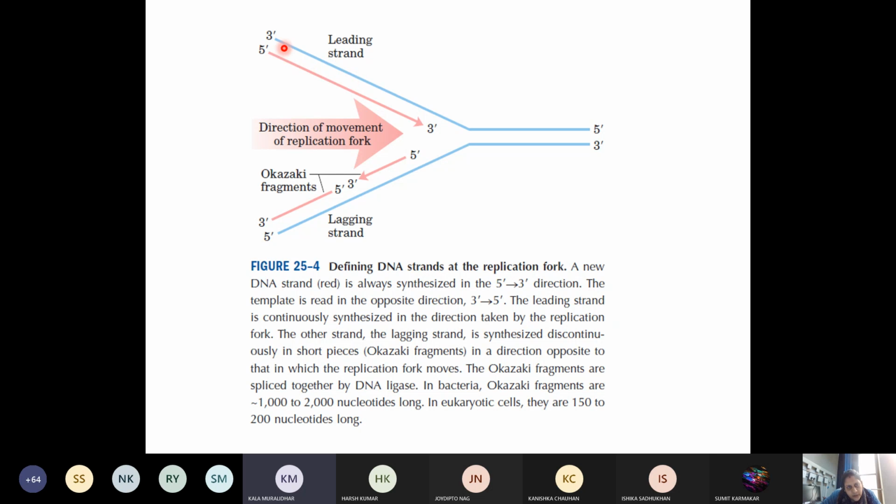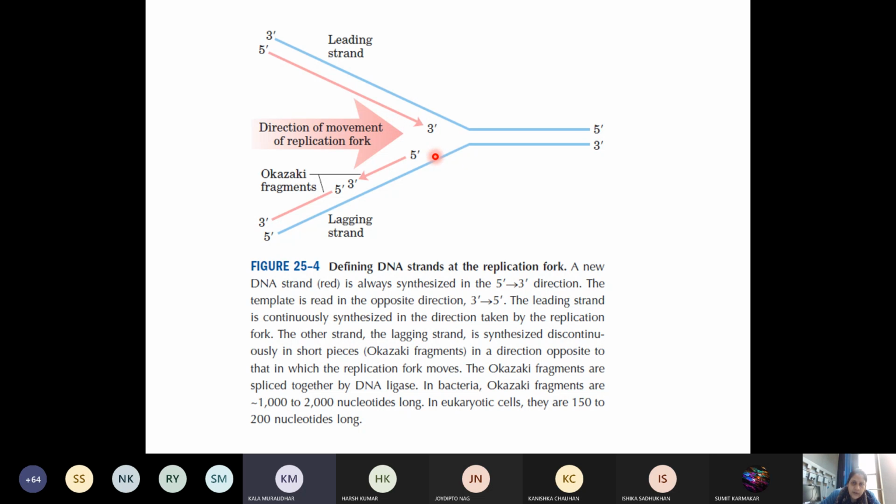Like here, if I have A, then T comes, then G, then C is coming, and so on. DNA polymerase forms the bonds, and this completely new molecule is formed continuously. This is why it is known as the leading strand. It is leading and moving in the 5' to 3' direction, continuously forming. That is continuous replication.